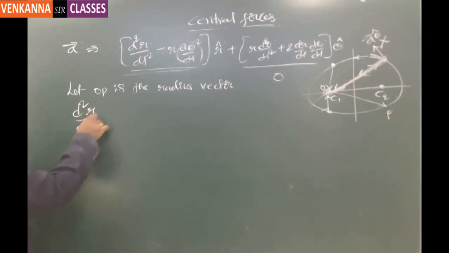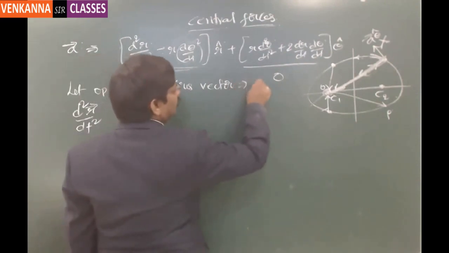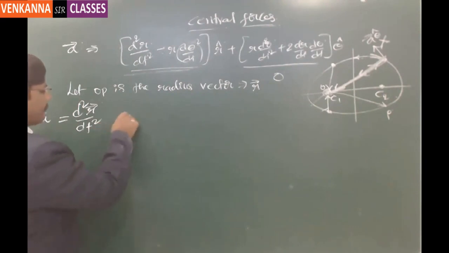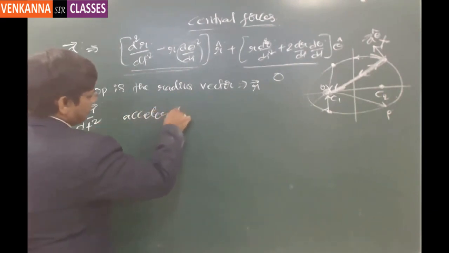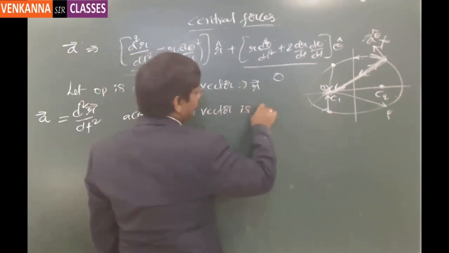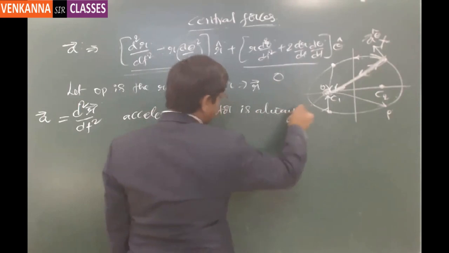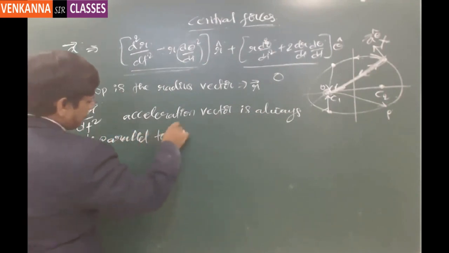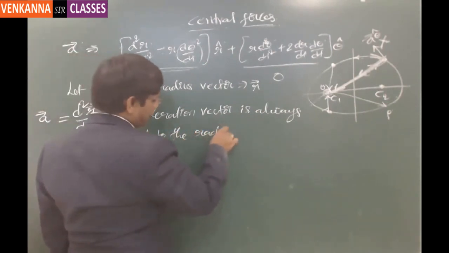Let OP be the radius vector, and we know that d square r by dt square vector. So this is the radius vector, let us say this is r bar. Now d square r by dt square is nothing but the acceleration vector, and this acceleration vector is always anti-parallel to the radius vector.